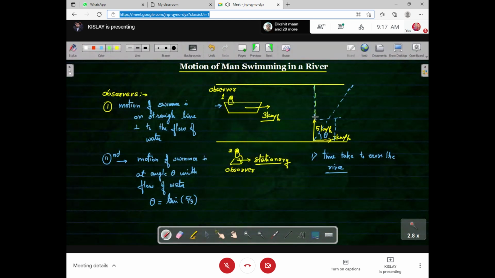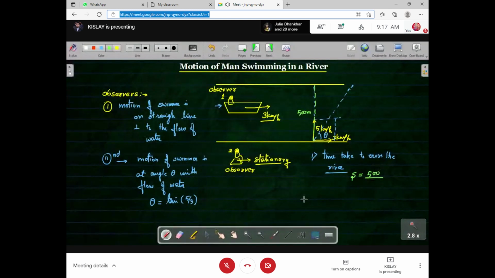This is the distance which he has to cover to cross the river. Suppose this distance is 500 meters, then the distance the person has to cover is 500.